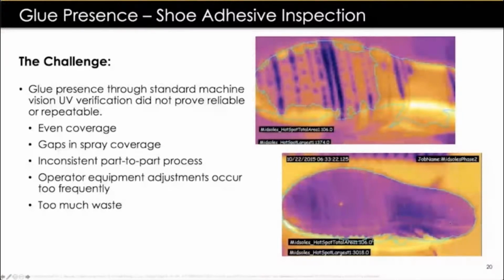What's nice about thermal vision systems is you don't necessarily have to do image mapping. I know a lot of systems do that, but it becomes cumbersome when you have left, right, and a lot of different sizes coming down the line that are not in batch processes. They're not in batch because they're coming off multi-lane cutting systems and funneling into this adhesive station, so you don't have that consistency.